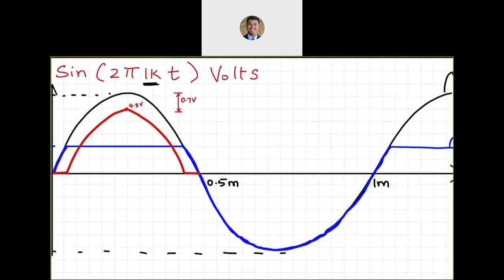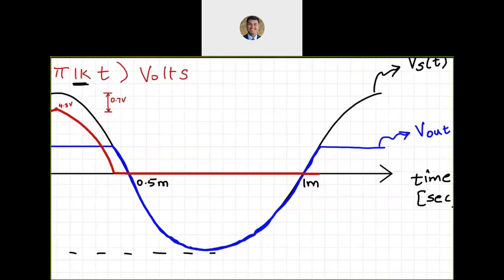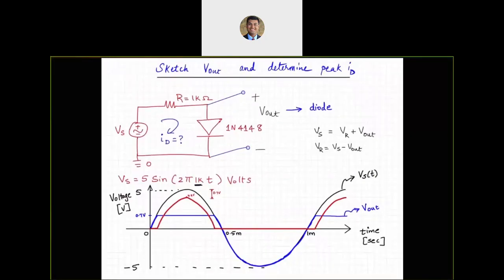Next half cycle, they are both on top of each other, so Vs minus V out will result in 0. So that is all going to be 0, all 0 there, in fact all 0 even until there. And then we are going to again see that rise. Maybe that way is better. Right, so what we have in red is VR, again as a function of time.